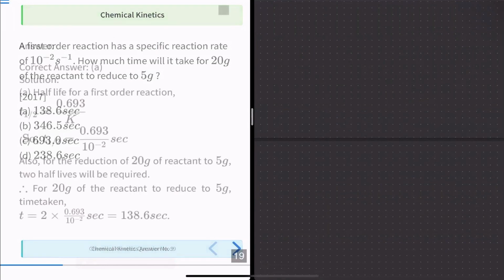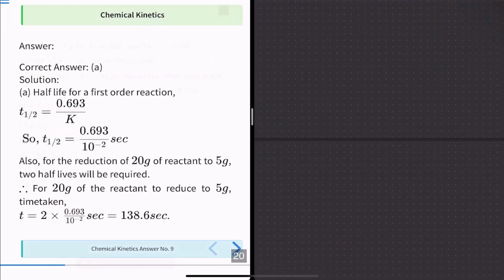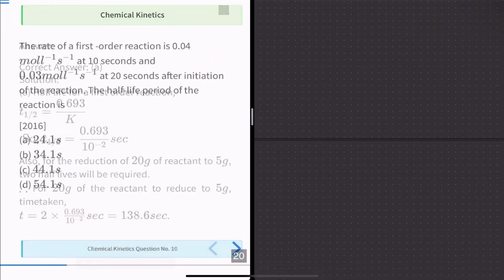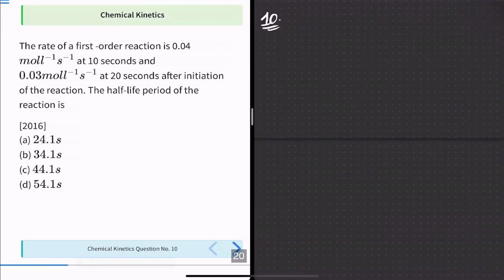Question number 10. The rate of a first order reaction is given as 0.04 mole per liter per second at 10 seconds and 0.03 mole per liter per second at 20 seconds after initiation of the reaction. Find the half-life period of the reaction. Okay. So it is a first order reaction.